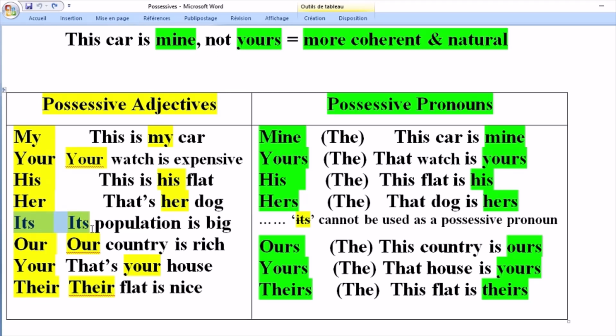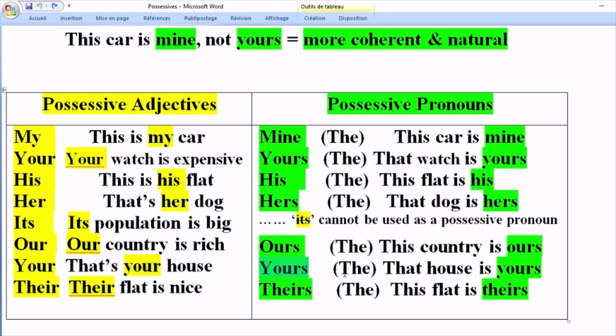Please remember this. Next, we have got our. For example, our country is rich. Becomes ours. The country is ours. Or this country is ours. Your. That's your house.